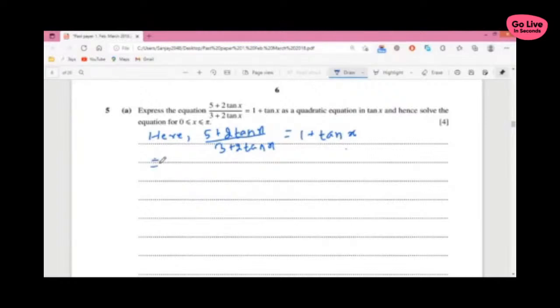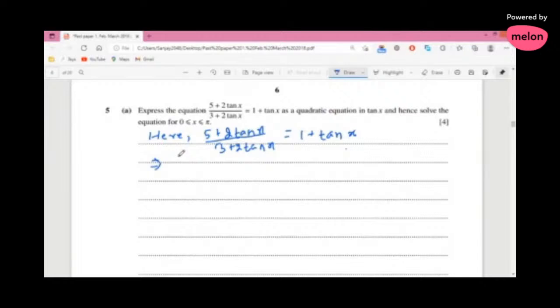you can see that this is 5 + 2 tan x equals 1 + tan x, and when you transpose this towards the right, it is multiplied over here.